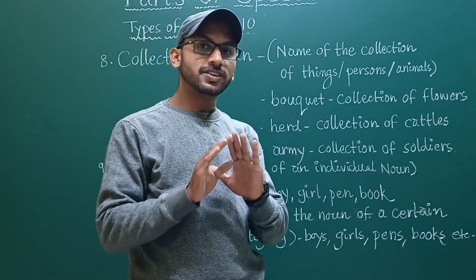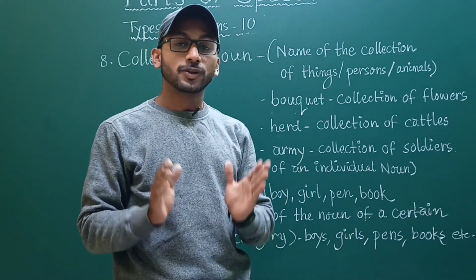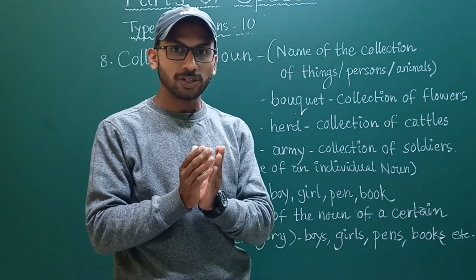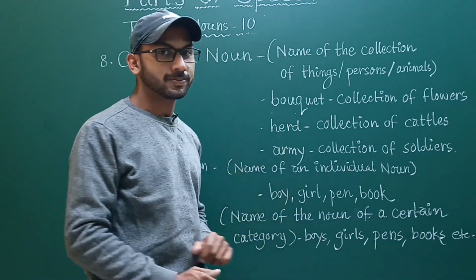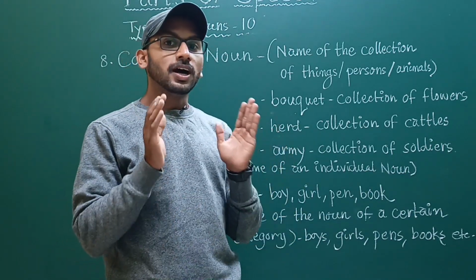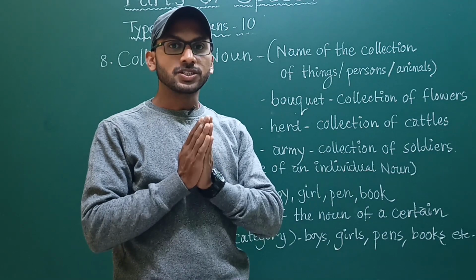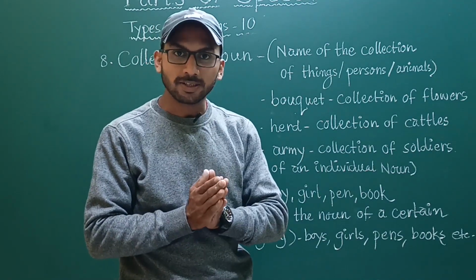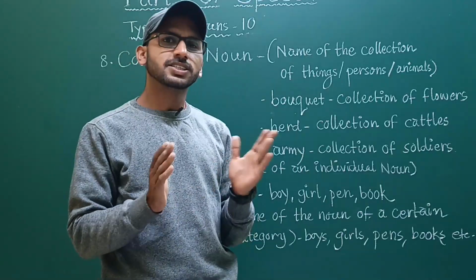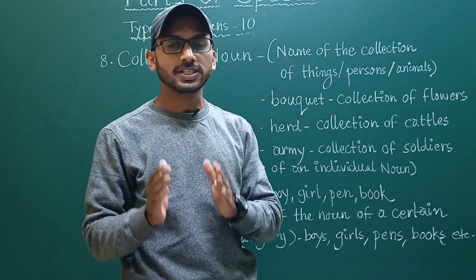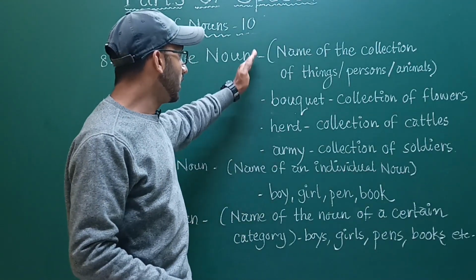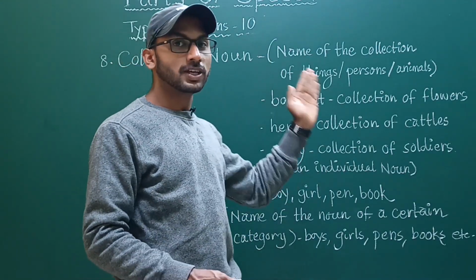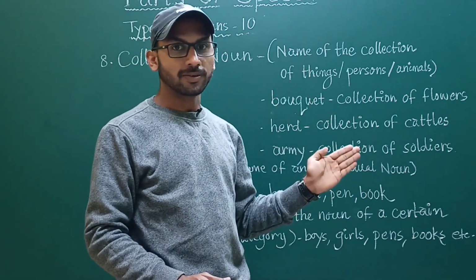But we also have a significant name for the collection of soldiers. That is army. We can simply say an army is going to fight in the battle. Alright, so a collective noun is the name of the collection of something.